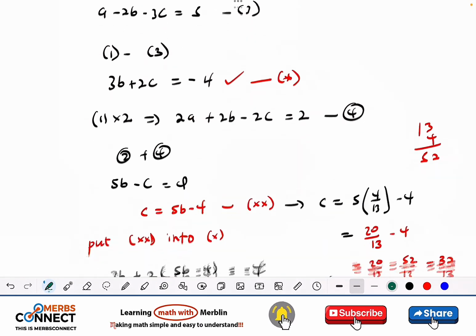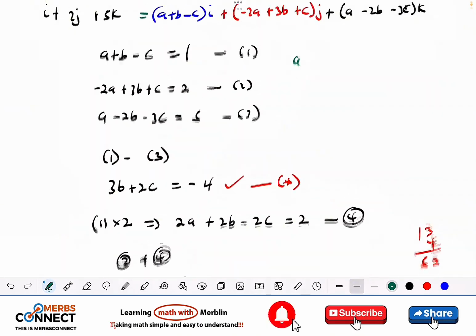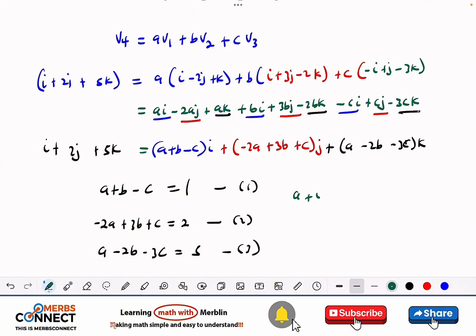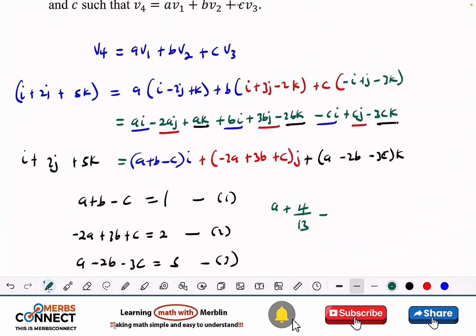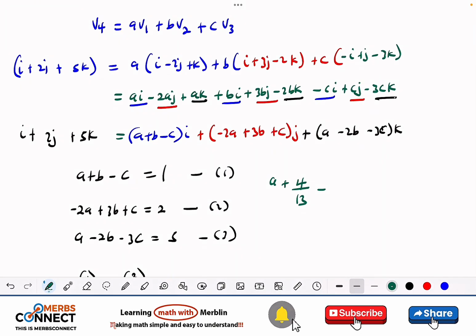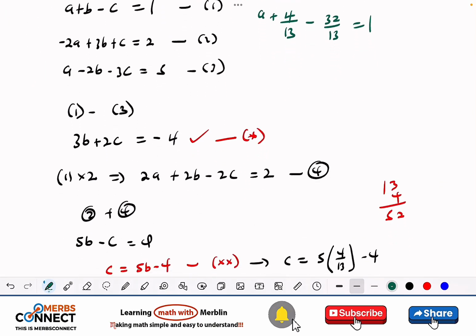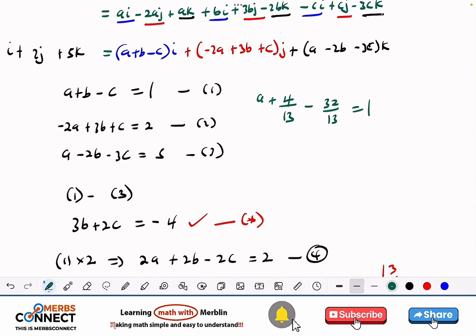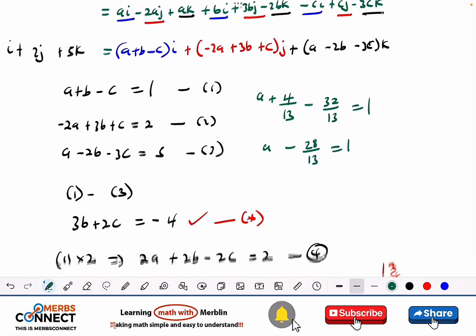So a, what is b? b is 4 on 13. So plus 4 on 13 minus c is 32 on 13. Let me do it myself. They will be saying that when I do the work, I don't finish. Okay, so this will be a. When I do the subtraction, I'm going to have minus 28 divided by 13 is equal to 1.